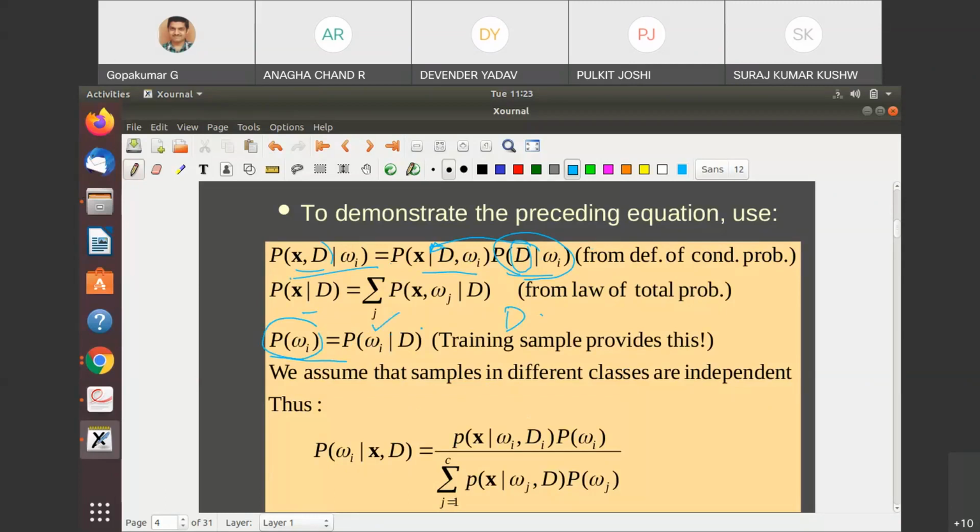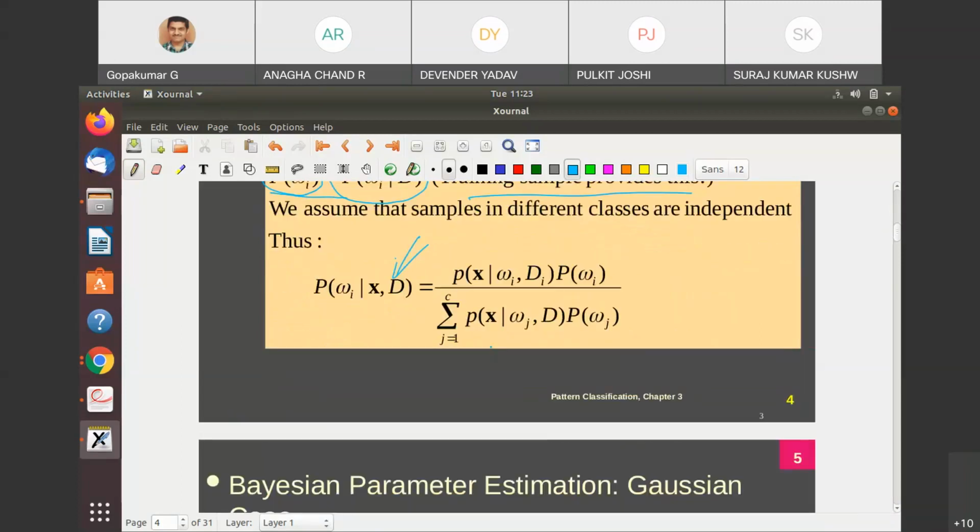That is the probability of wi given D. The training samples provide this data. So that is the difference in notation and the meaning of each of these probability terms when you include the concept of the training data set.